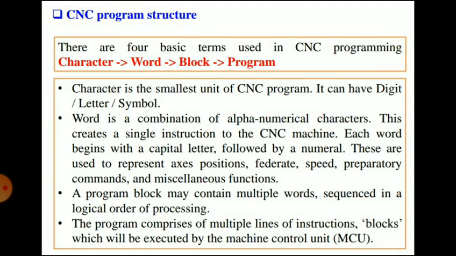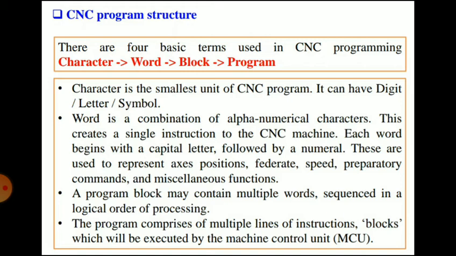CNC program structure. There are four basic terms used in CNC programming: character, word, block and program. A character is the smallest unit of a CNC program. It can be a digit, a letter or a symbol.